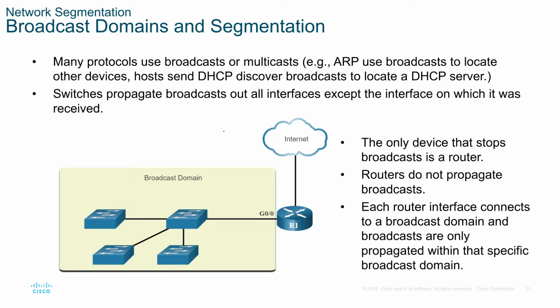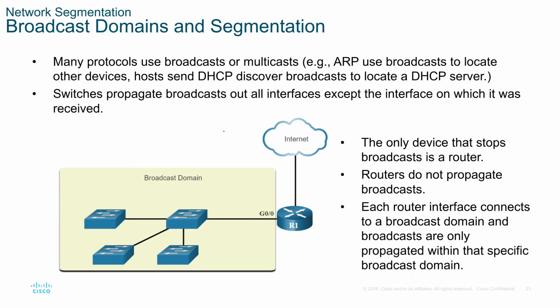A switch will not block a broadcast, so broadcasts go directly through a switch to every host and everyone connected to that network. You can imagine what would happen if a router did not stop a broadcast.